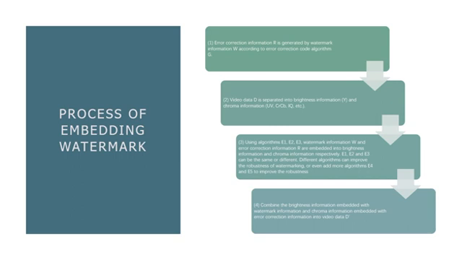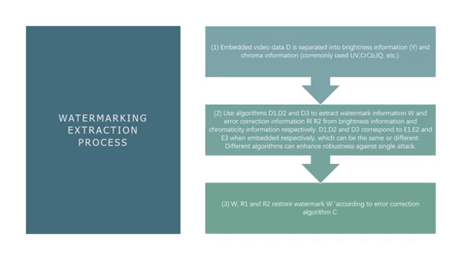The fourth step is to combine the brightness information from step 2, which needs to be embedded with the watermark information, and the chroma information embedded with the error correction information into the video data D, and you can get the new video data after embedding the watermark.